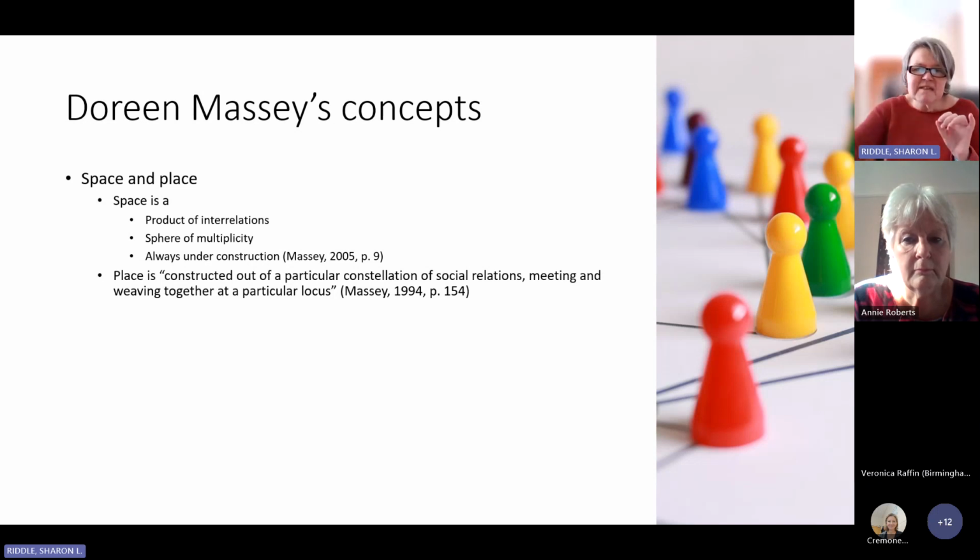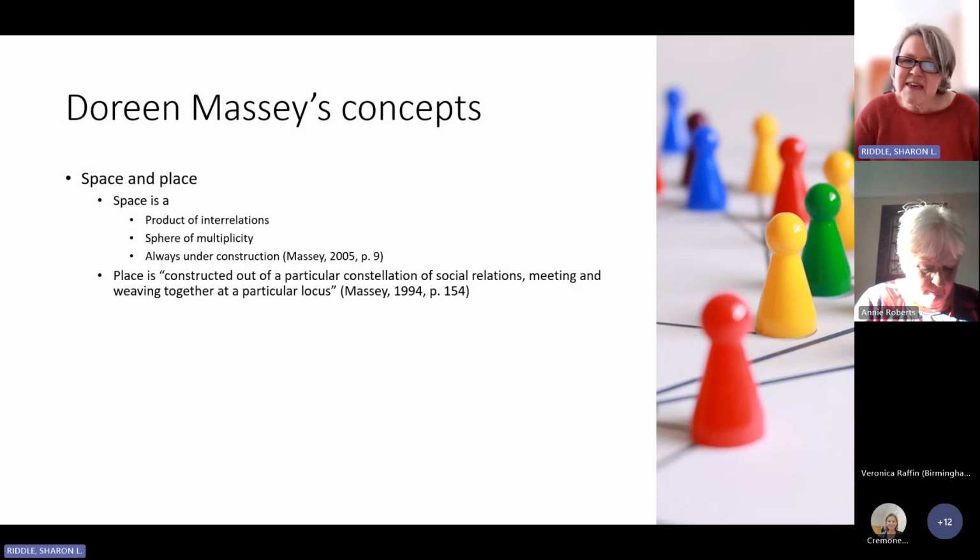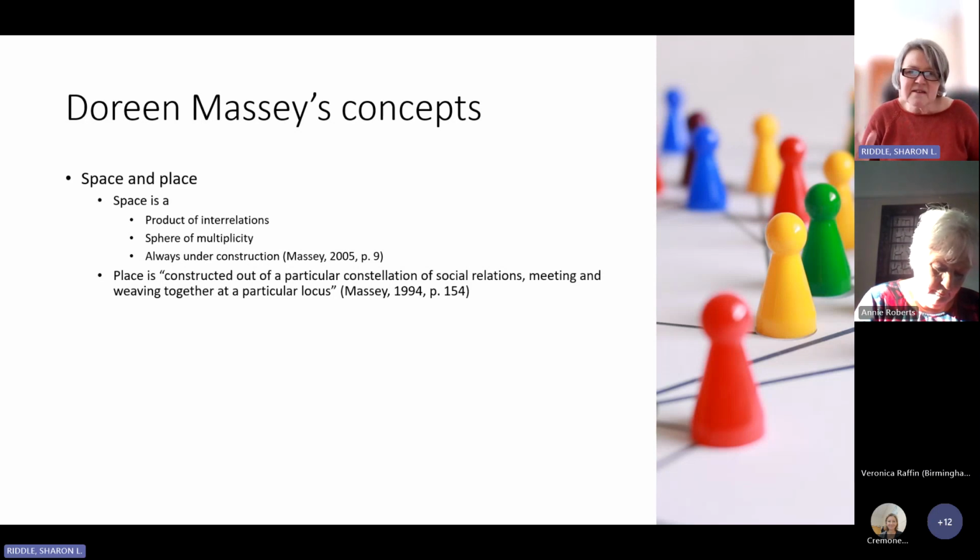The space of Durham is connected to places all over the world through the university and to the northeast, to London, etc. And all of these connections give Durham its identity. So the EAP world could be thought of as a space with all its connections and differences across the world. And this comes together in a place, in a university, and in an EAP unit.